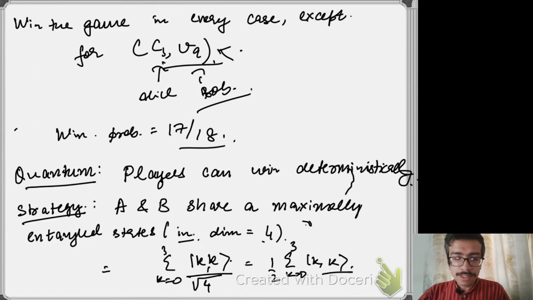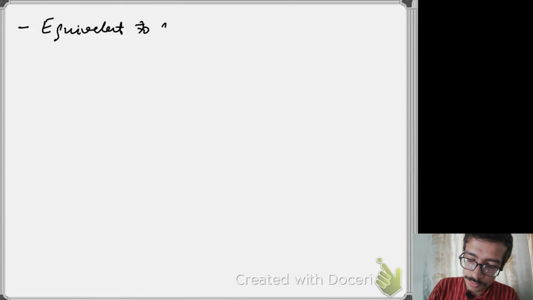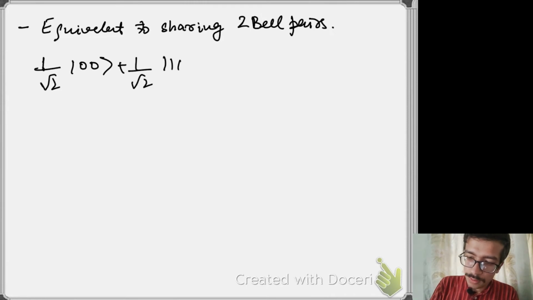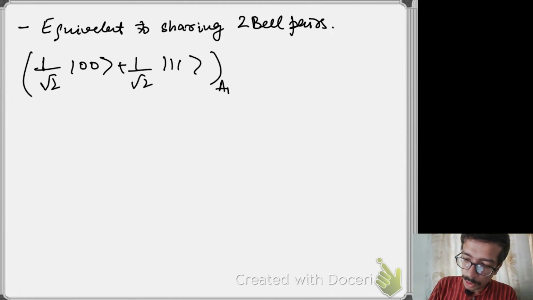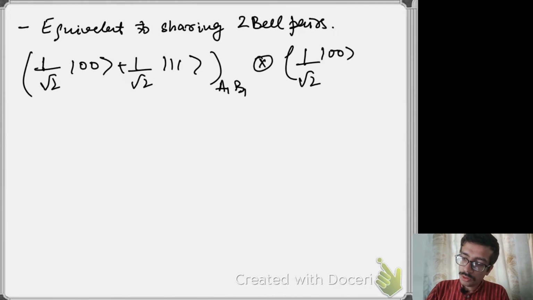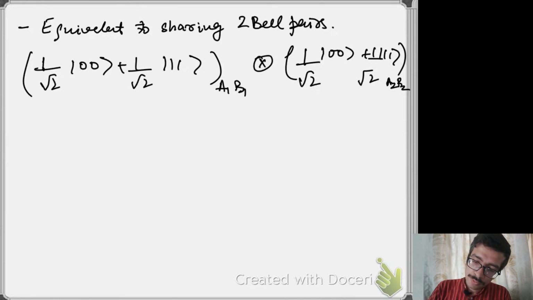And this is actually equivalent to sharing 2 Bell pairs, which is 1 over root 2 |00> plus 1 over root 2 |11> on the first qubits of Alice and Bob, tensored with 1 over root 2 |00> plus 1 over root 2 |11> on the second qubits of Alice and Bob.